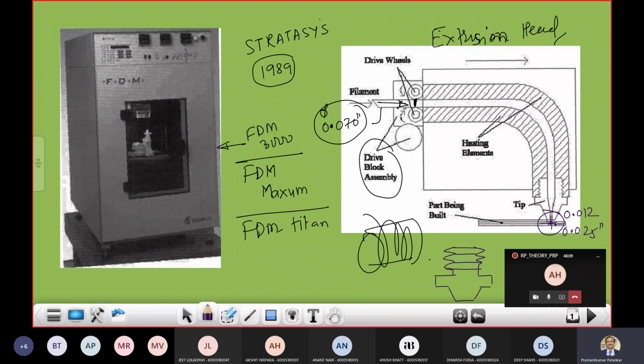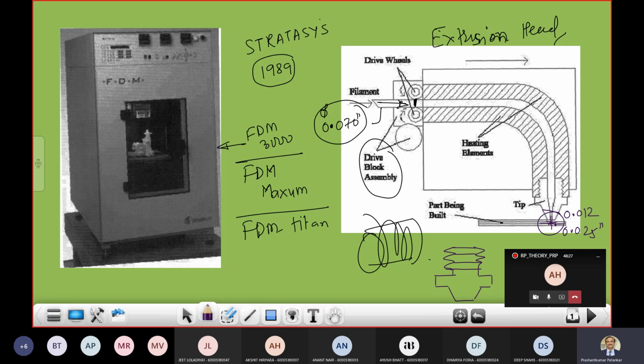The material in the form of filament is wound around a spool and melted using the heads which I have shown you just now.